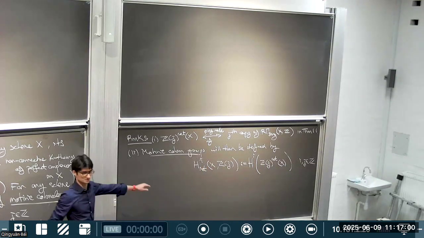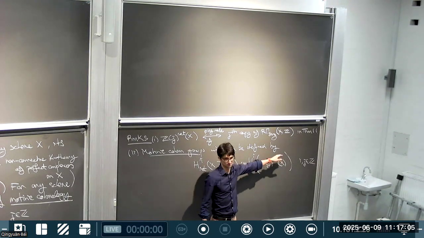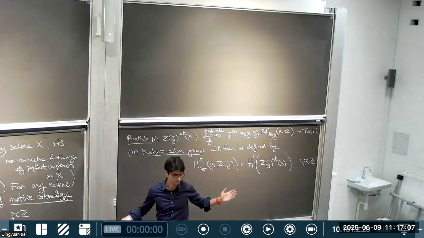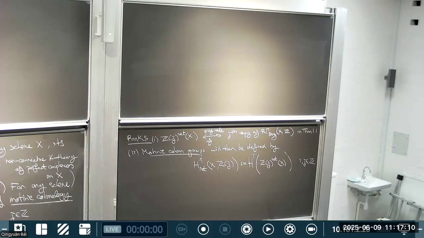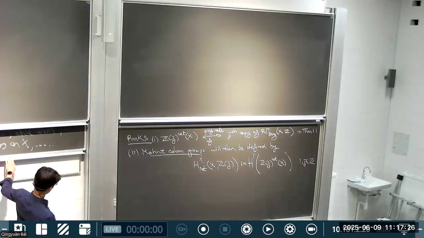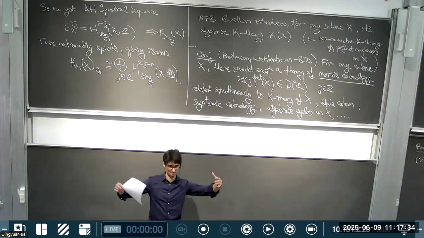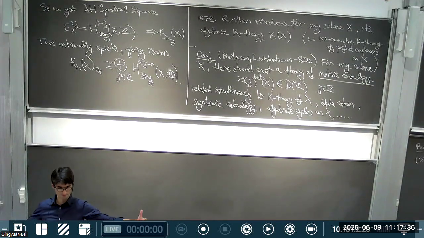Similarly, if I want to study, for example, motivic cohomology with finite coefficients, I take my complex, I go to mod p, and then I take the cohomology groups of that complex. So that is the framework that we're hoping for, reasonably clear.